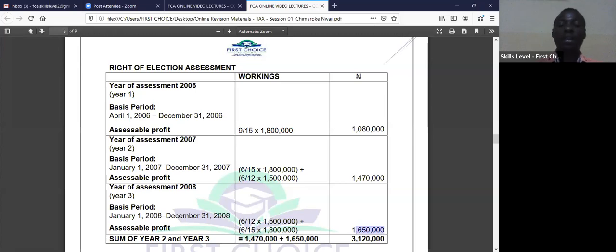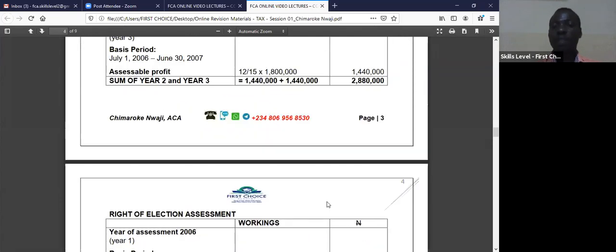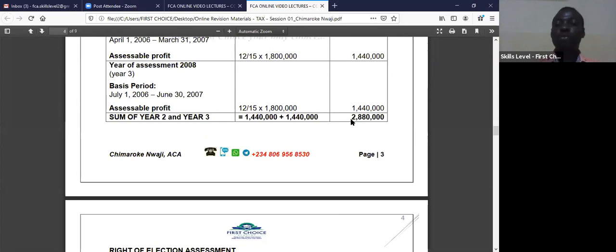1,650. Now, we are going to sum the 2 years, year 2 and year 3. So we are using just this and this. When you sum them up as we did here, we get 3,120,000. Can you see now we are going to compare this 3,120,000 with 2,880,000.